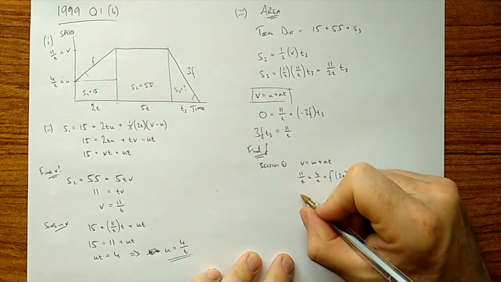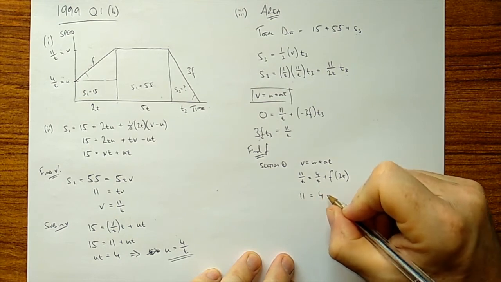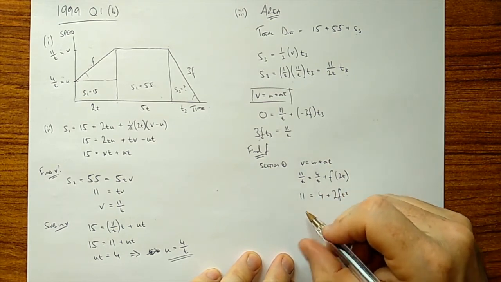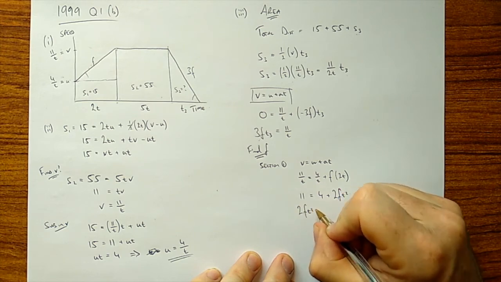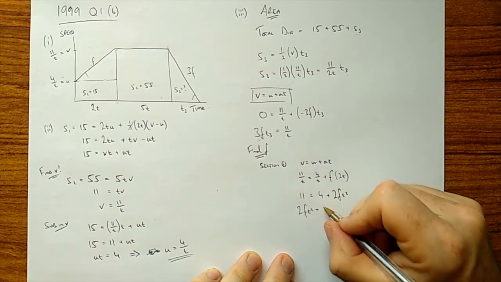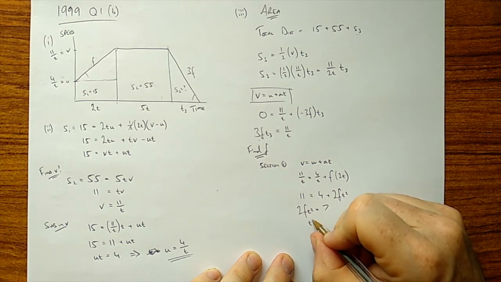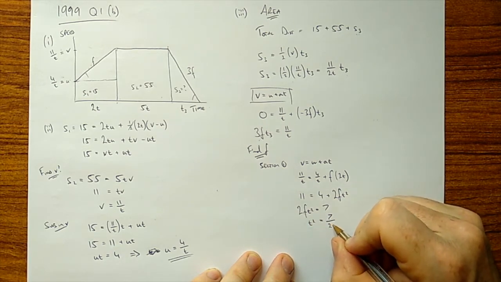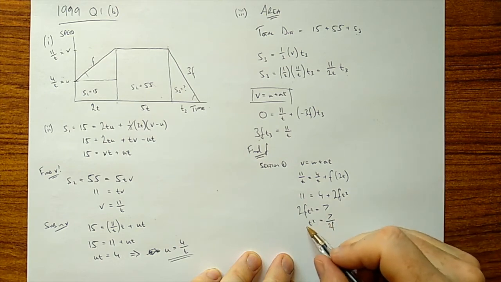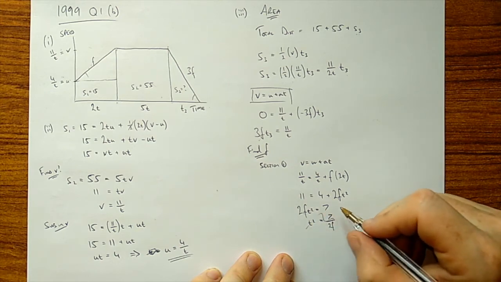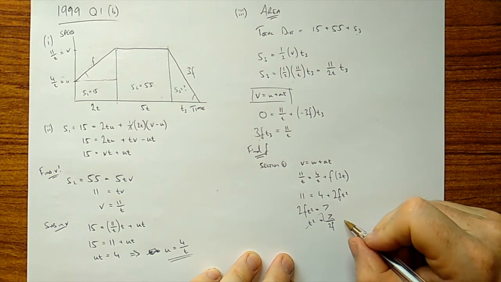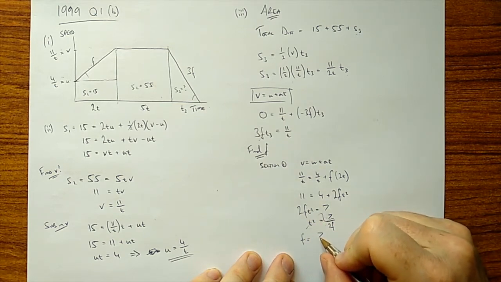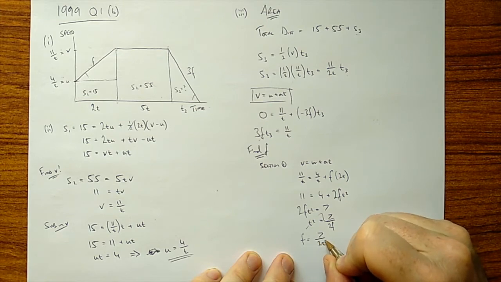I'm going to multiply everything by T. 11 equals 4 plus 2FT squared. 2FT squared equals 7. T squared equals 7 over 2F. But of course, that's not what I want. So we'll just ignore that because I want it in terms of F. F equals 7 over 2T squared.